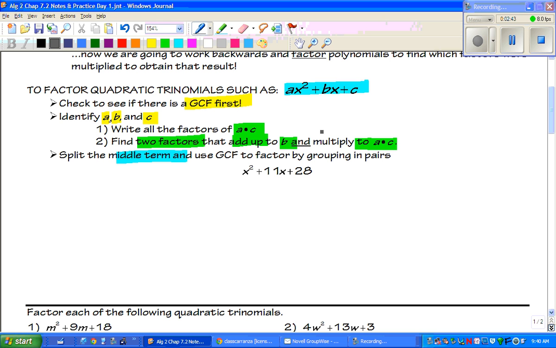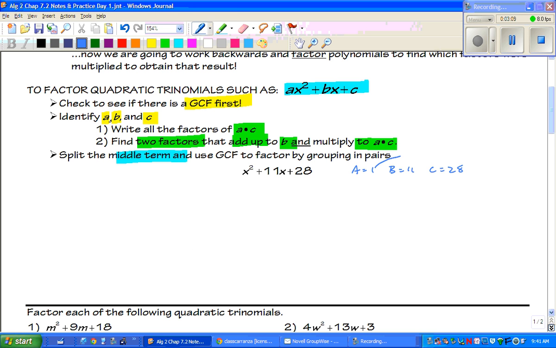So the first thing we're looking at is, is there a number or a variable that I can take out from those three terms? No. So I want to know what my a is, what my b is, and what the c is. So a is 1, b is 11, and c is 28.